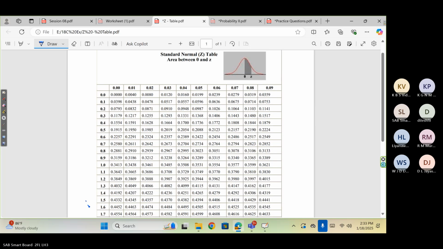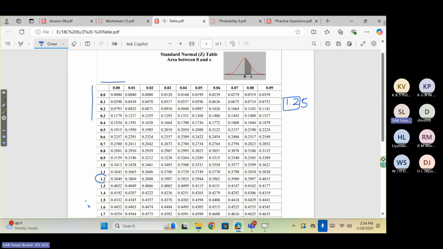Then this side and this side. The first column represents the first digit and the first decimal place in the Z value. What is our Z value? 1.25. Then what is the first digit and first decimal value? 1.2. This is the first digit and the first decimal. Then we move to the first column and find where it is.